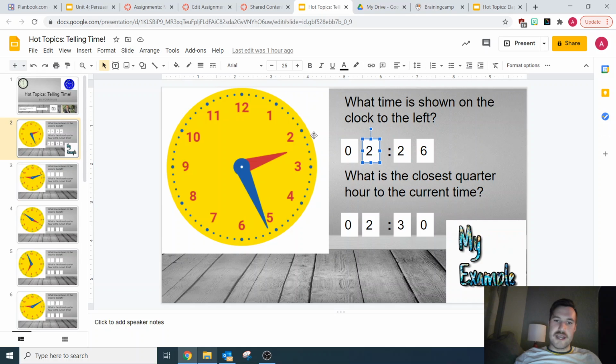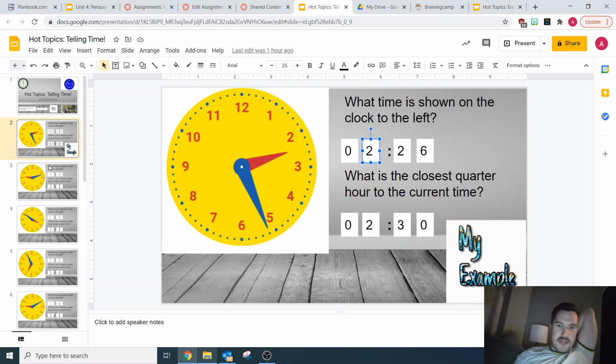So 5, 10, 15, 20, 25, and then one more is 26. So this is 2:26. Now we have to identify, is this closer to 2:15 or to 2:30? Well, it's only 4 minutes away from 2:30, so the closest quarter hour is 2:30.